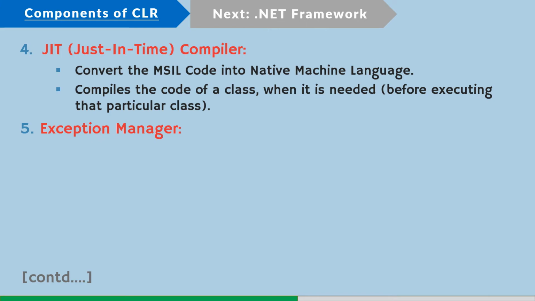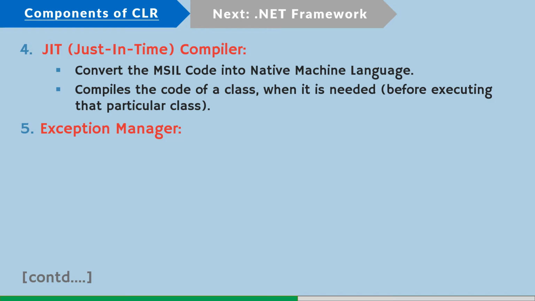And every operating system has its own native machine code. So that is the reason there is a necessity of converting the IL code into native machine language. Then only the native machine language will be executed by the hardware with the support of the operating system. So the JIT compiler overall will convert the IL code into native machine language in order to execute it.